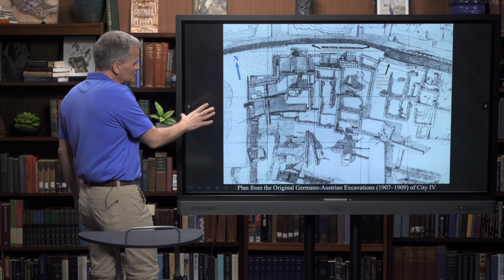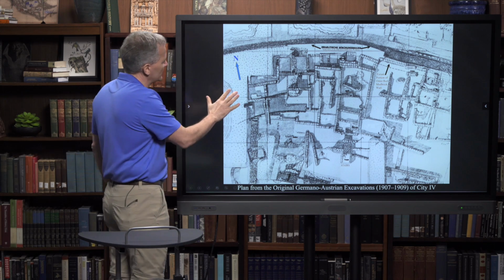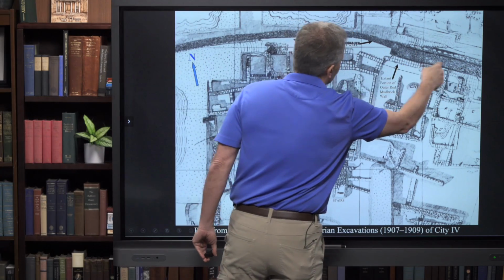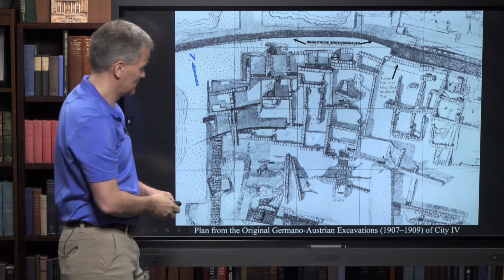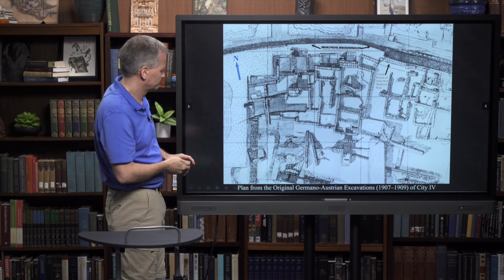And this is their own drawing, Sellin and Watzinger's drawing here. This is the revetment wall around the city that they're calling, in German, and my translation here is, Israelite revetment wall. Now, that doesn't mean the Israelites built a wall, but the Austrians and Germans are connecting this revetment wall with the Israelites because the Israelites would have had to overcome it.